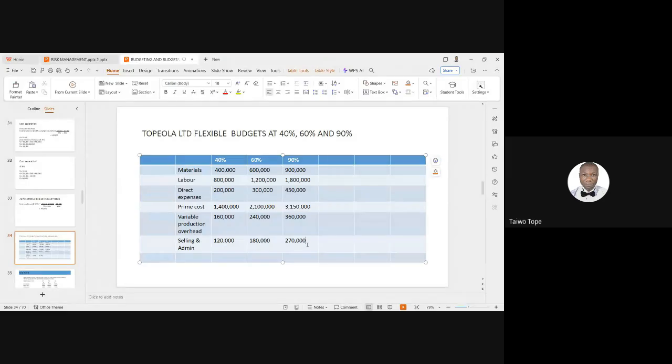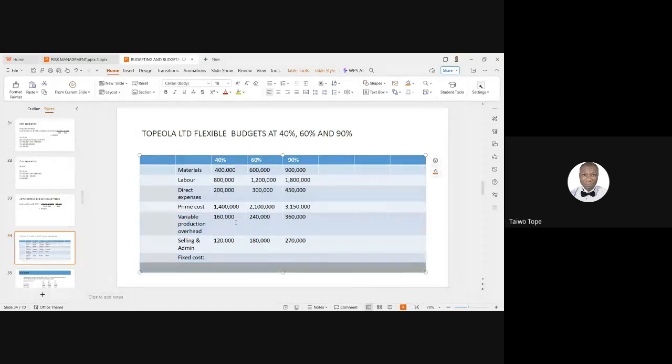So we can move further by showing now the fixed cost based on production overhead.